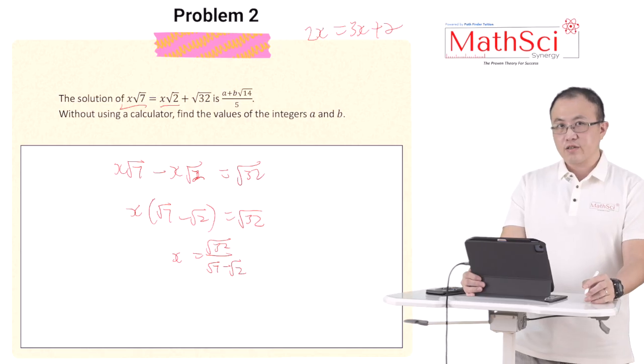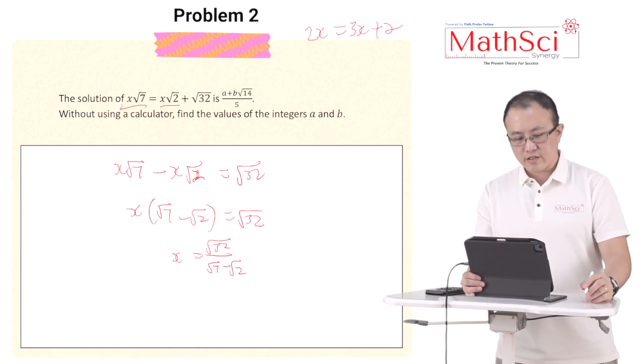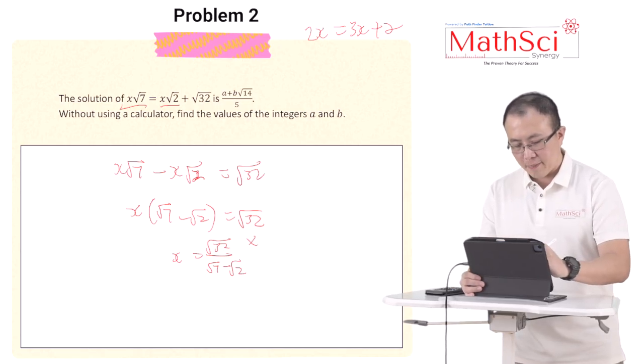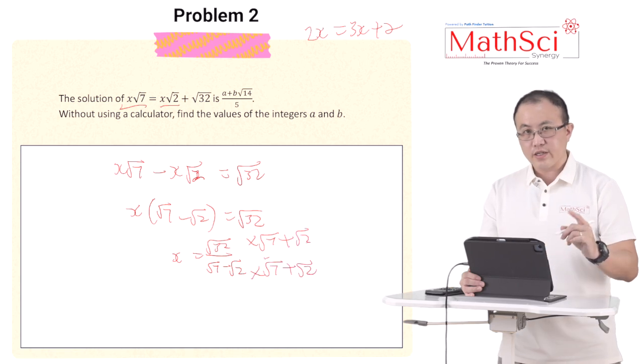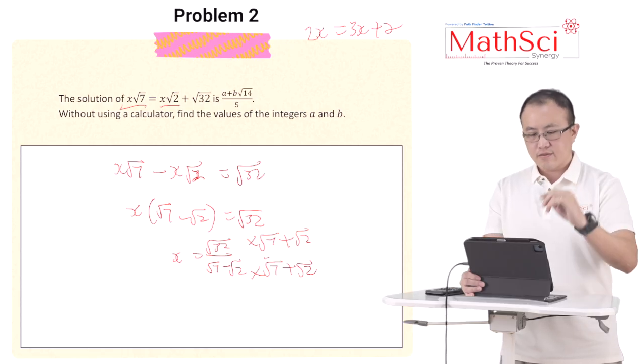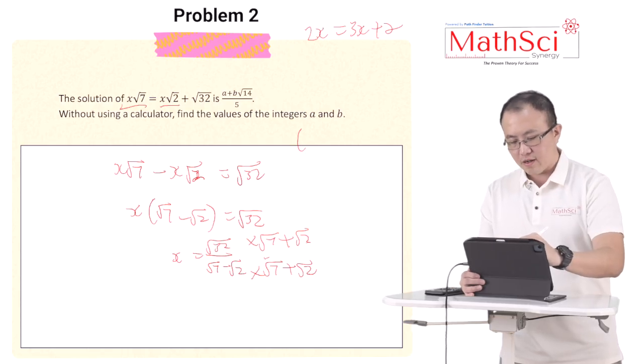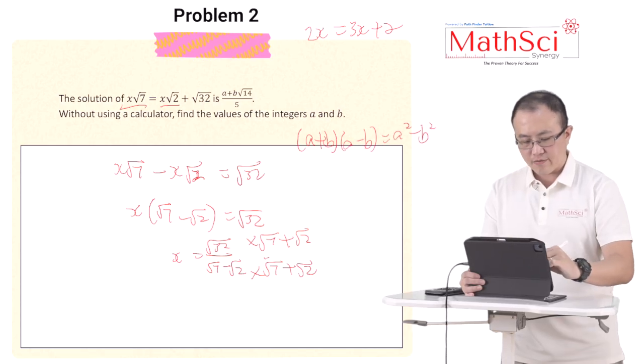Of course, eventually to get the final answer, let's rationalize this. So I'm going to multiply by square root 7 plus square root 2, multiplied by square root 7 plus square root 2. So once again, we use the formula of a plus b, a minus b equals a squared minus b squared to simplify this.